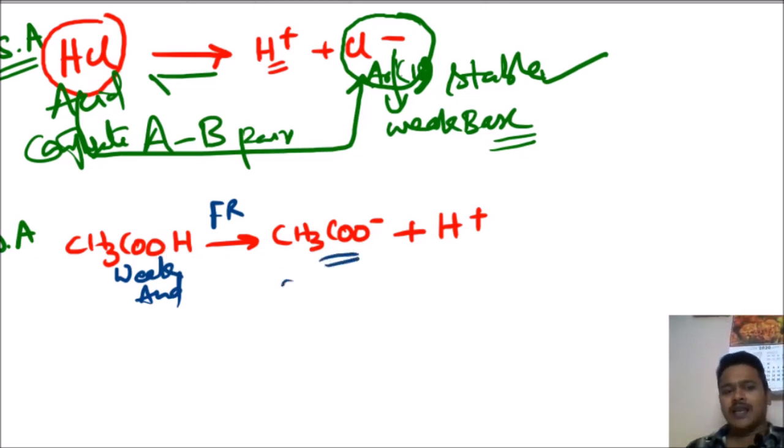I am saying it is a strong base because the acid is very weakly dissociated. That means CH3COOH doesn't want to dissociate into CH3COO minus and H plus, but a small amount dissociates.